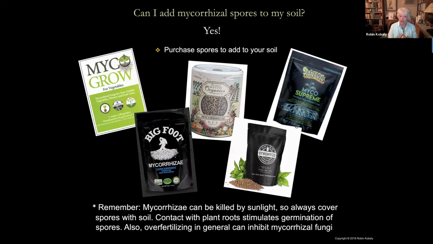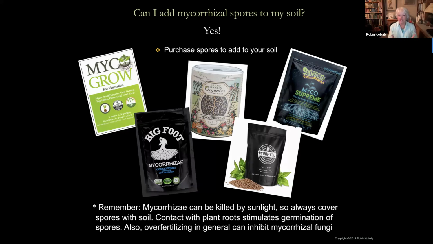And you can buy mycorrhizal packages and spread them. It's hard to say how effective those will be because I don't know what plant community they're getting them from. If you can get your own habitat that you're doing in your yard, go to that habitat and collect some leaf litter and a little bit of soil, you can probably have better success.